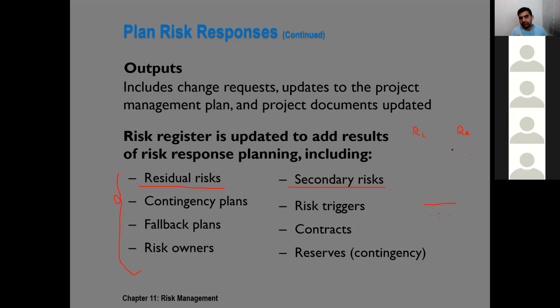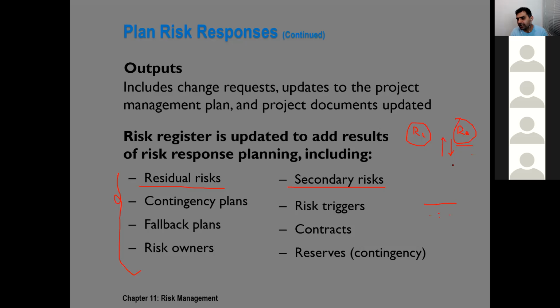Once we take that action to mitigate the risk or avoid that risk, there could be chances that our risk could be reduced, or there might be no impact on the risk at all, or our risk increases based on our response.